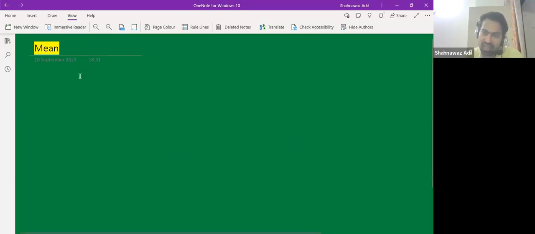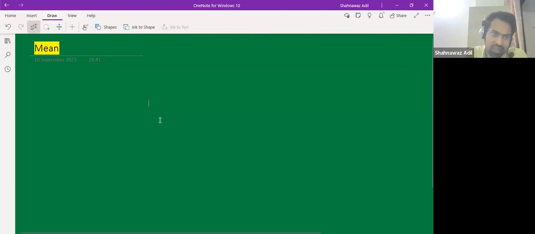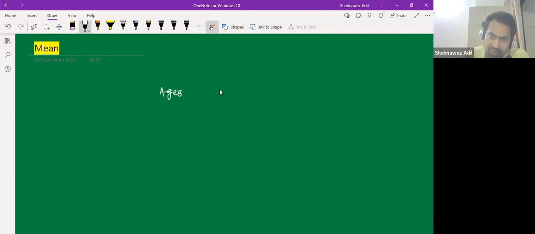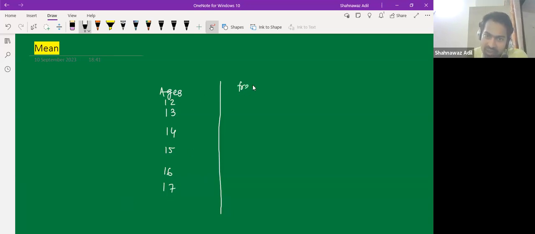And then you make a table. Let's say you write the ages here, between 13 and then 14, 15, 16. Maybe there is a child in your class and there is an older guy in your class. And then this is the frequency.